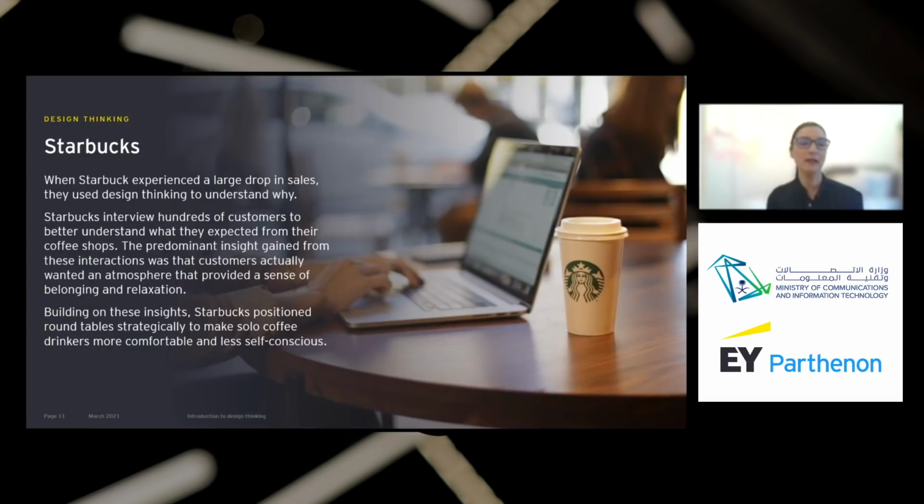And where has it been used before? Well, some great examples are, firstly, Starbucks. So Starbucks some years ago started to notice a large drop in their sales. So what they did was they used the design thinking process to try and understand why that was. They interviewed hundreds of their customers and started to understand their motivations and why they were coming back or wanted to come back to Starbucks stores.